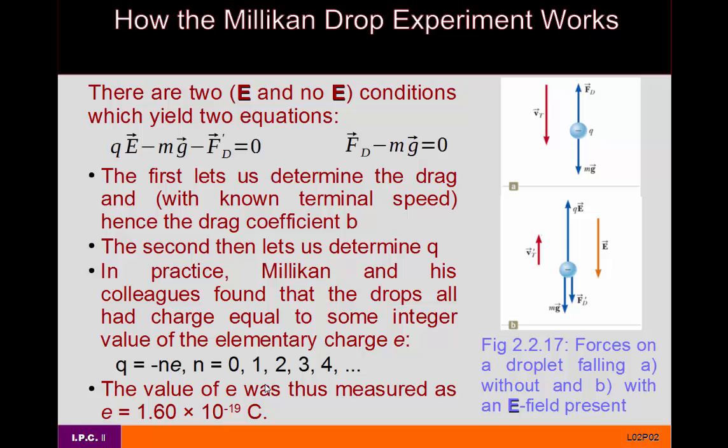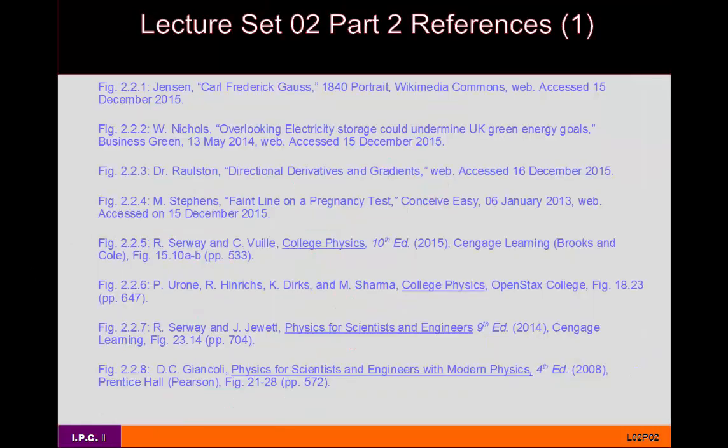Basically he measured what the value of E had to be by changing the values of N and finding, okay, if N is 1, then we get a terminal velocity which is so and so, and if it's 2, then it's such and such, and so on. And so he measured the value of E at 1.6 times 10 to the minus 19 coulombs. And that, in fact, is it for this part of the lecture.